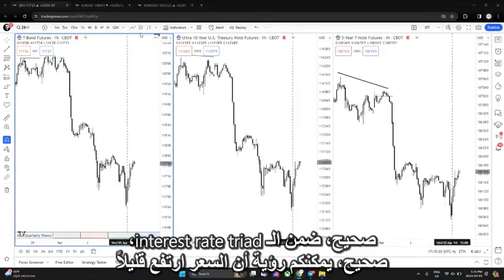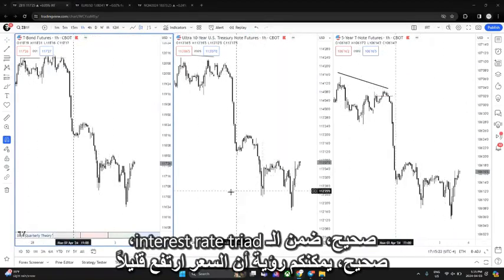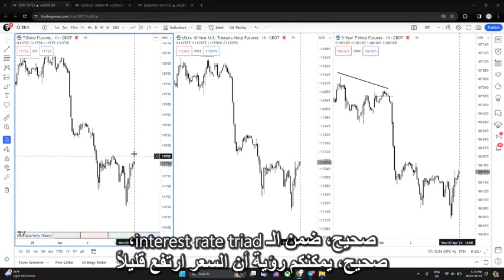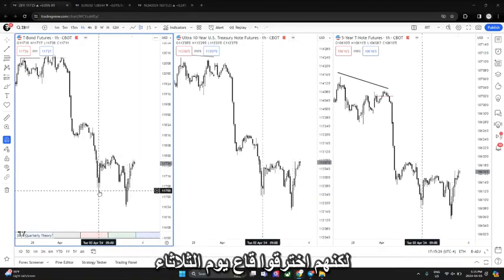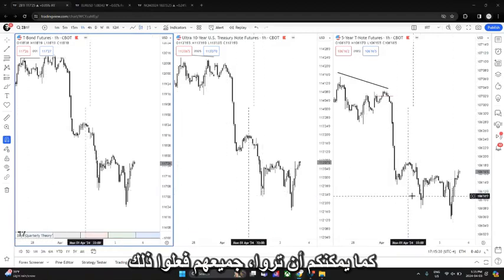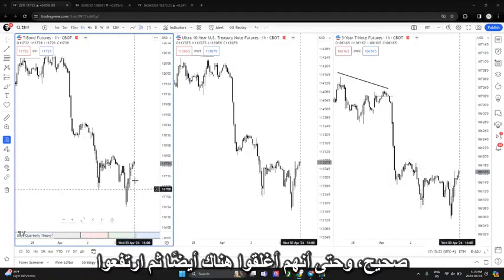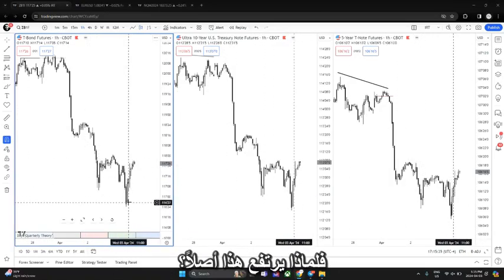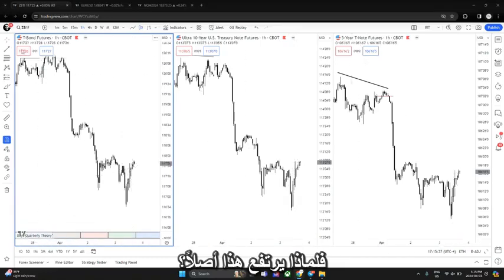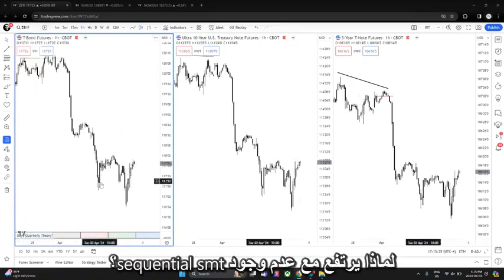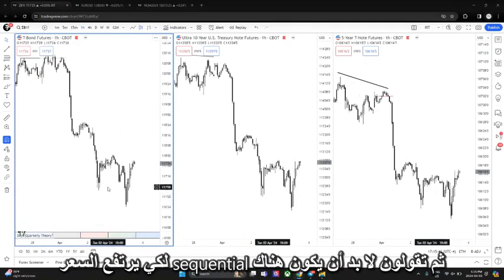Within the interest rate triads, you can see that we had price going up a bit, but they did take out Tuesday's low. As you guys can see, all of them did, and they even closed there and then rallied. So why would this even rally? There is no sequential SMT. You say there must be sequential SMT for price to rally.